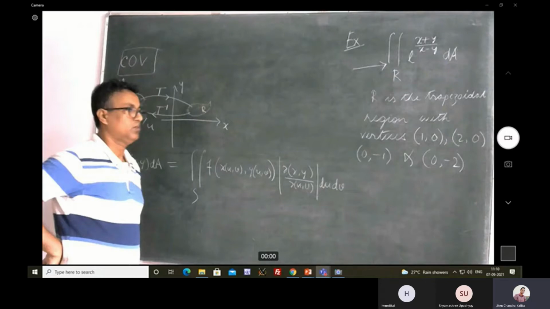So the first thing I'm going to do is seek the pre-image of this region R in the XY plane on the UV plane.